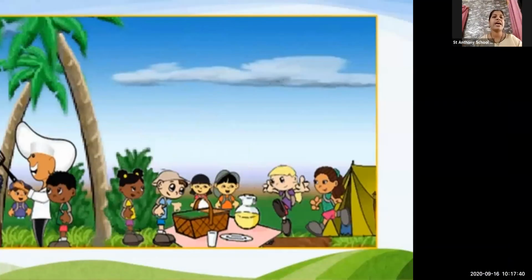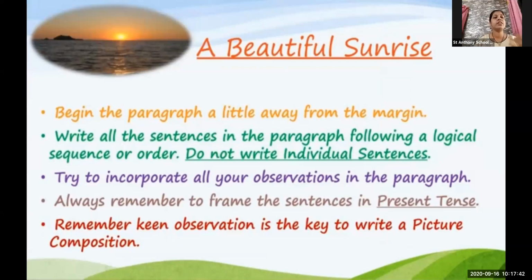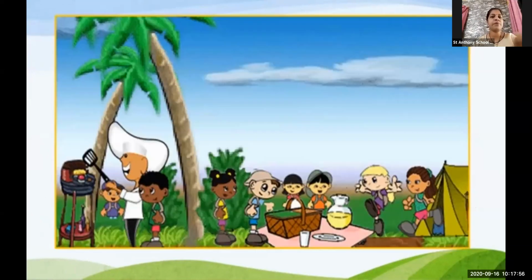So, as I have described, it's a picture of a beautiful sunrise, and in the beginning of the paragraph, start a little away from the margin and write the sentences. You have to just imagine about that. For example, it's a present over here.